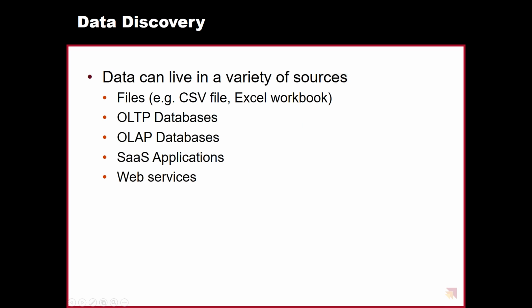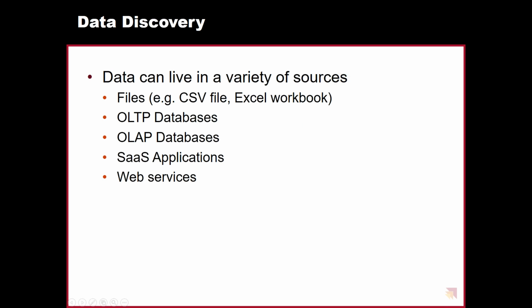Now, as far as the different types of data that you can pull in, it's a very large array. If we have files, the most popular types of files are CSV files and Excel workbooks. If you have an Excel workbook, Power Query supports pulling data in from tables inside your worksheets and also from data inside the data model that you've added.